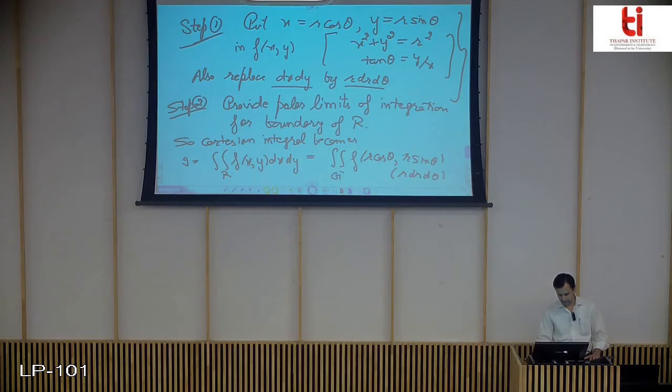And here I am writing G. G simply represents the same region of integration, but now the limits of integration are in polar coordinates. So region R and region G both represent the same region. However, region R has limits of integration in Cartesian coordinates, and when we represent the same region by G, it means we have polar limits of integration. So how does it work?